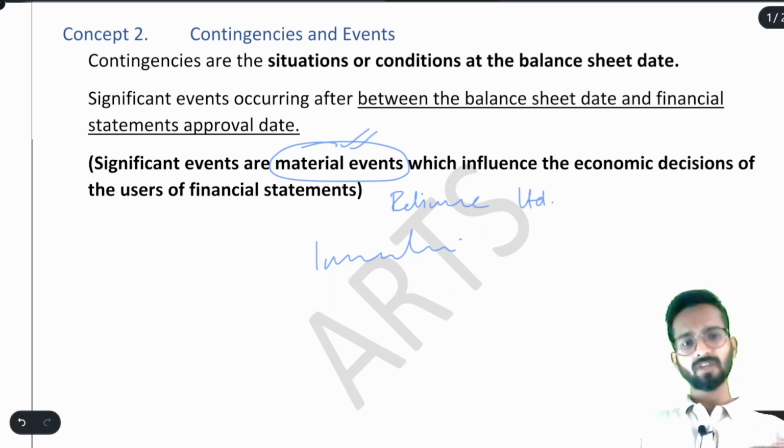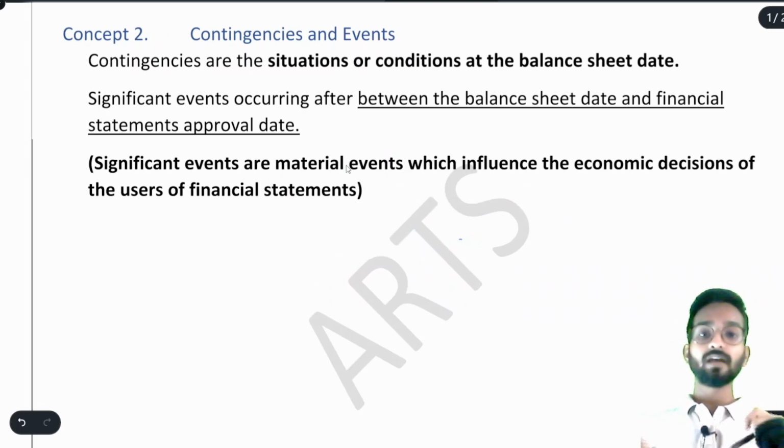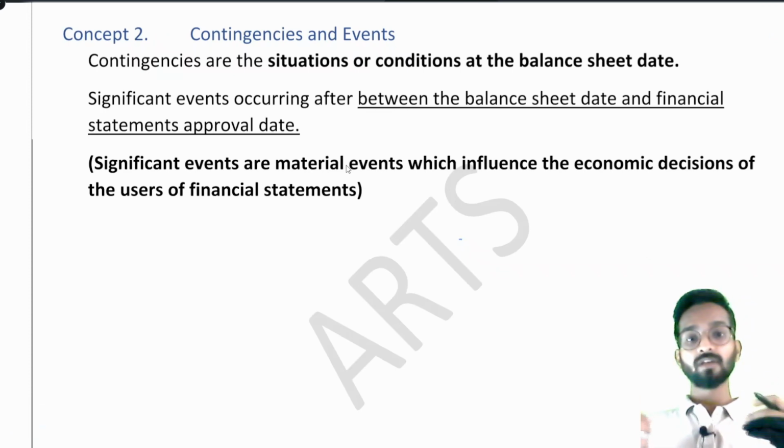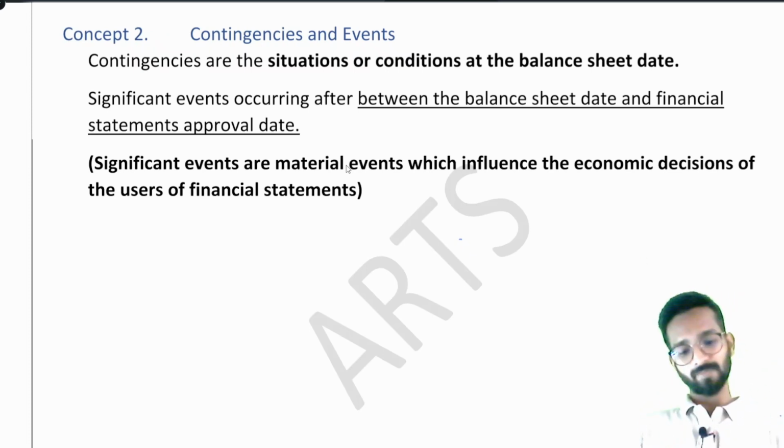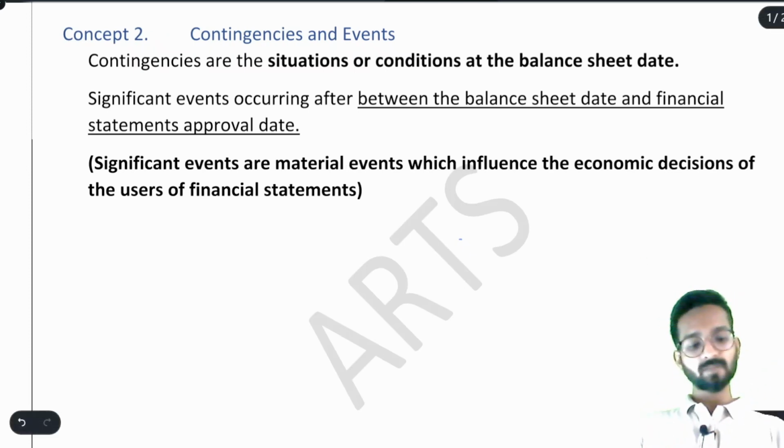Understand this. I am just giving an example. They generally do not ignore it. Obviously they will find the reason, but it is not that important that I have to tell all my shareholders. Mukesh Ambani will not go and say on the mic that 10,000 rupees cash balance is not matching. No, no, no. These things are not happening, okay? So the event must be significant. The materiality of the event is very, very important, okay?